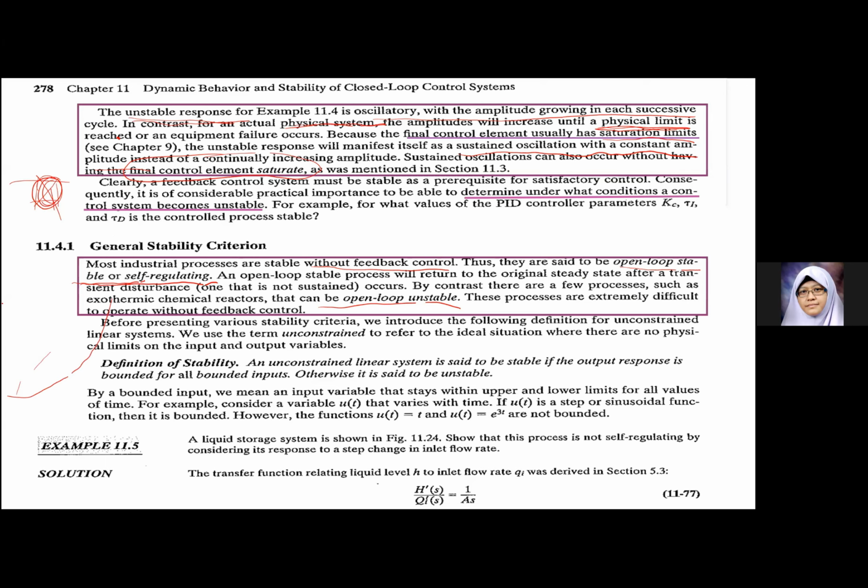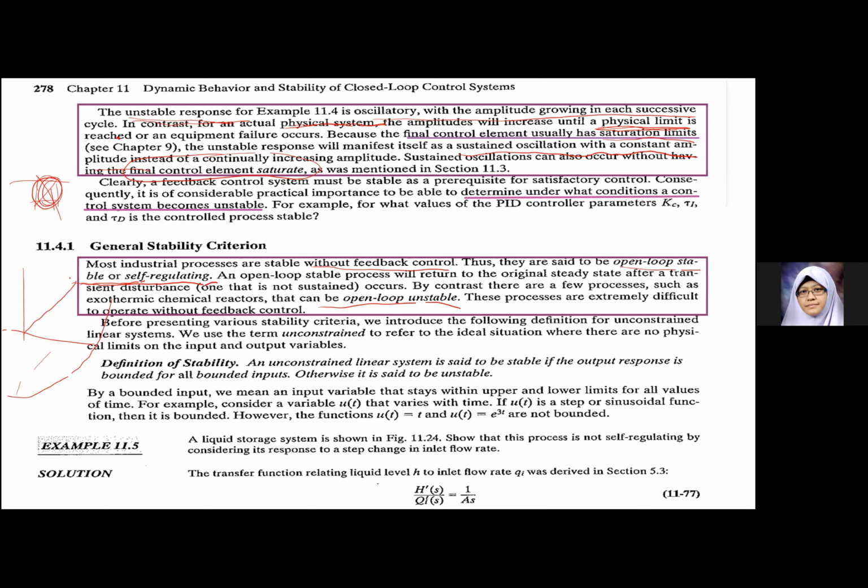And it's the same for one of the systems that you saw for your case study 3, because we put a valve at the outlet, so you have an inverse response. Sorry, not an inverse response, a pure integrator.